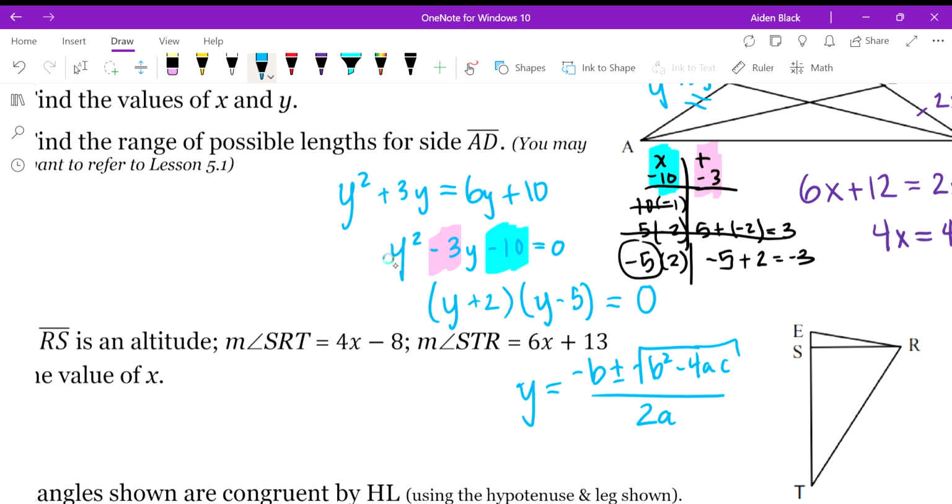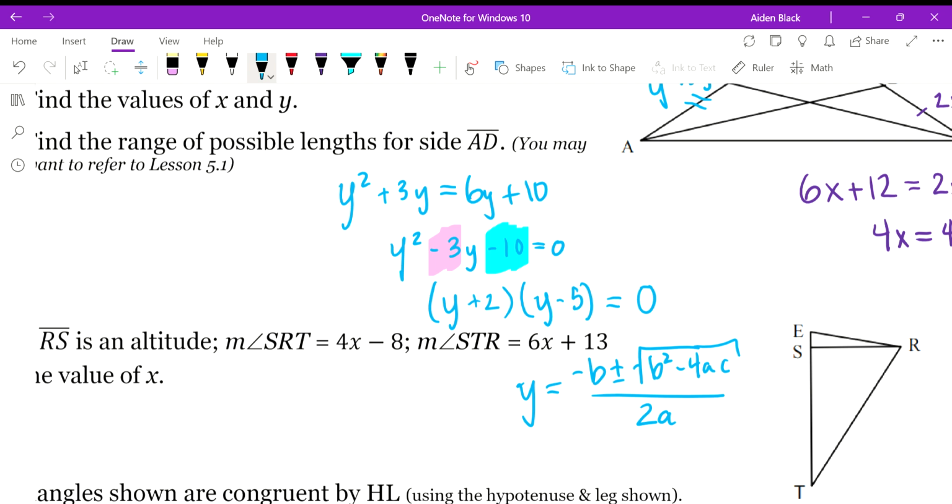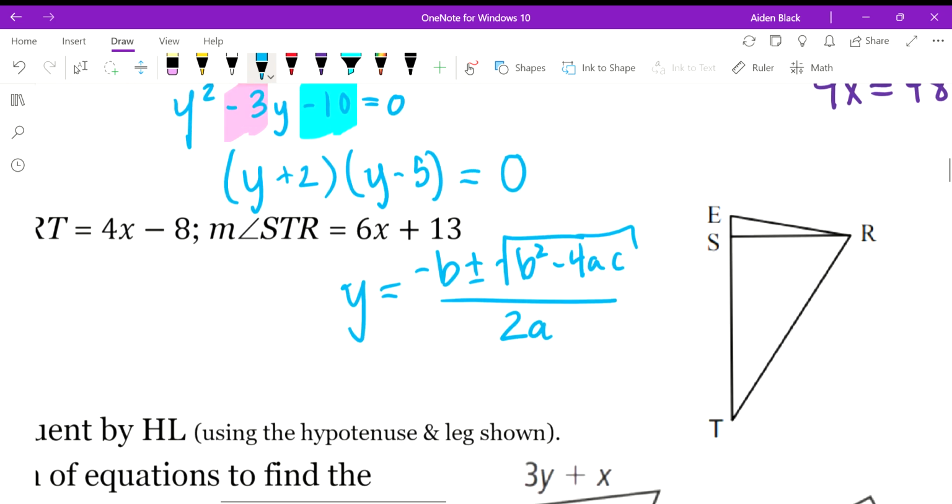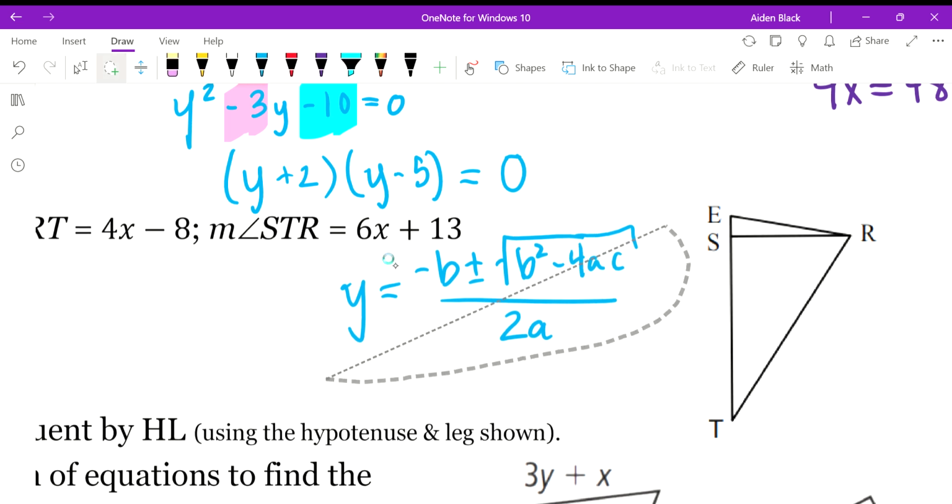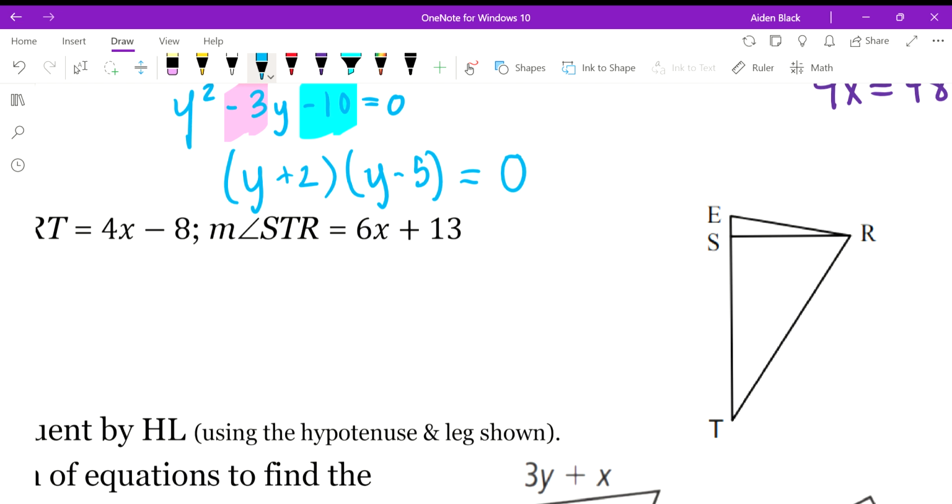Good. So I'm going to get rid of all this so we have some space. Okay, now that I have this fully factored, I can find what values of y would make this equation true.